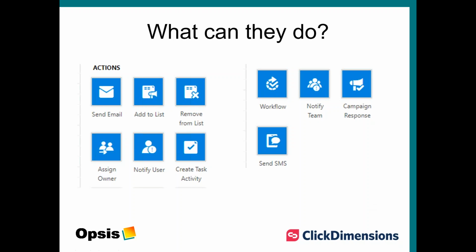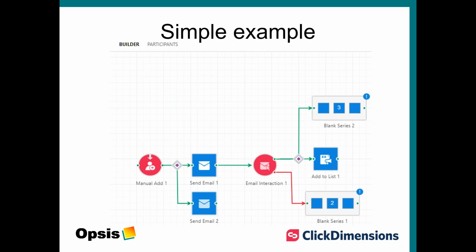I'm going to now run through some examples. There is a very simple example. Every time somebody is added to a marketing list, we're looking at a piece of information about that person. So it might be their age, it might be where they live, and a whole range of other things.